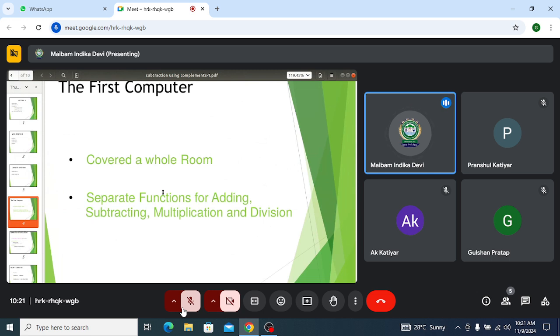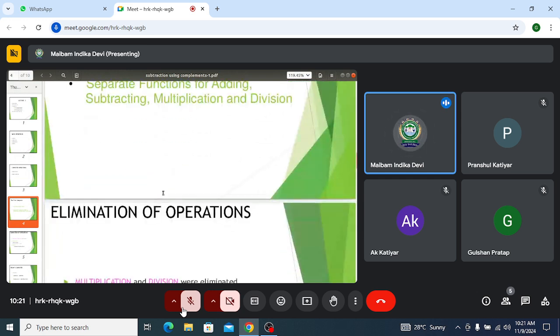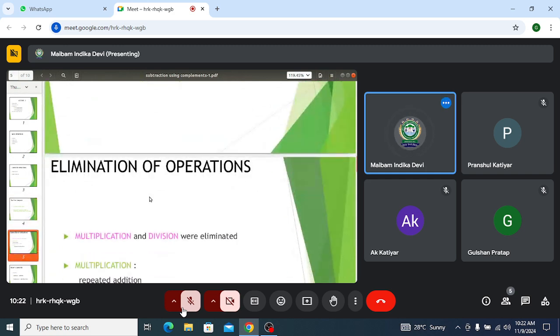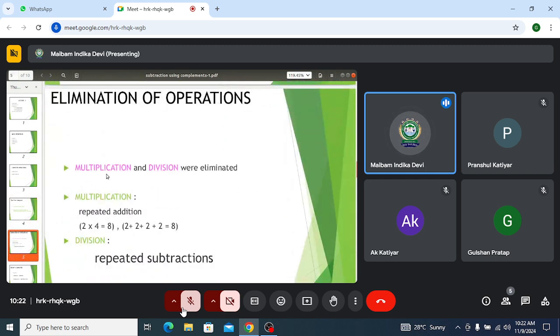In those times, computers had different functions for performing addition, subtraction, multiplication, and division separately. However, out of those four basic operations, multiplication and division were eliminated.